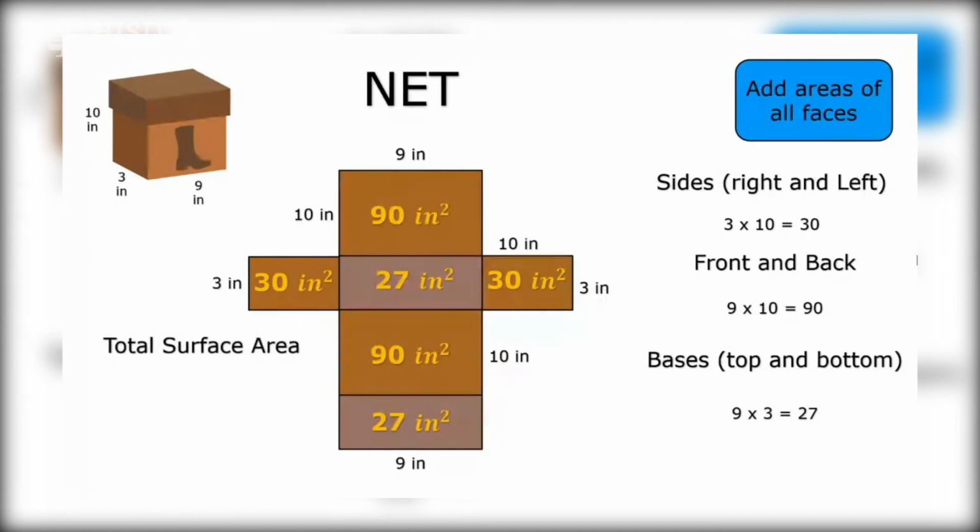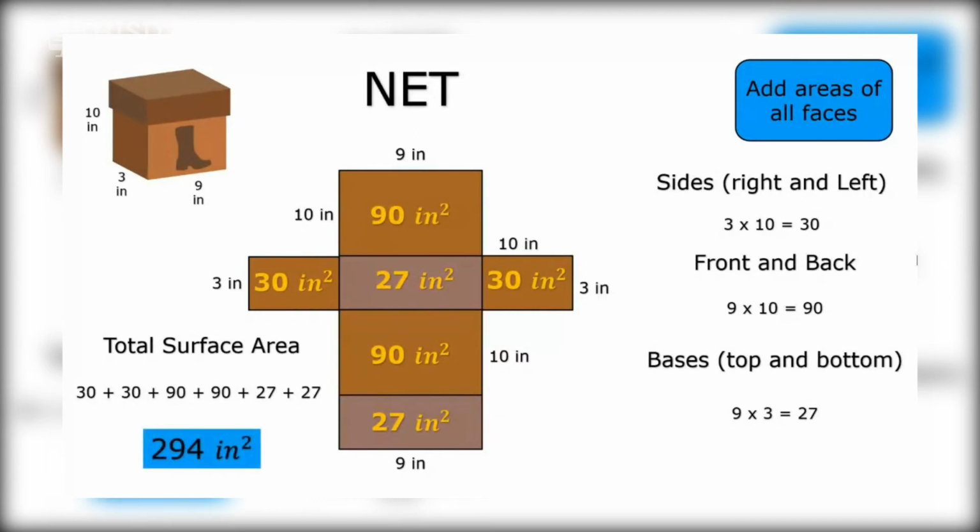In order for me to get the total surface area, I just have to add all these numbers together, and then I can find that my answer is 294 square inches, and that will be how you can find the total surface area of a rectangular prism.